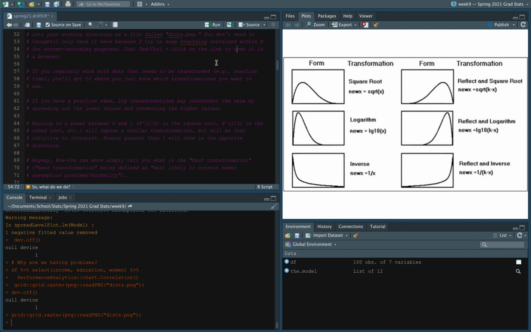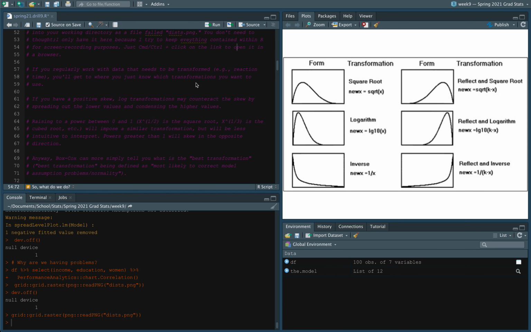So if you have a positive skew, what these transformations will do is push in the tail and pull out this end. If it's a negative skew, the other transformations will do the opposite. Then we would want to push in this tail and pull out this end to try to, not flatten out, but more centralize that curve.